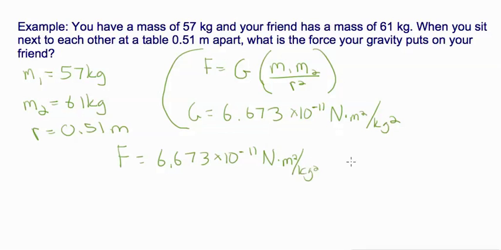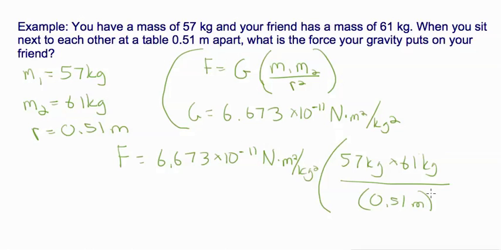Times 57 kilograms times 61 kilograms divided by r squared. And we have to solve what's in the parentheses first, according to our order of operations.